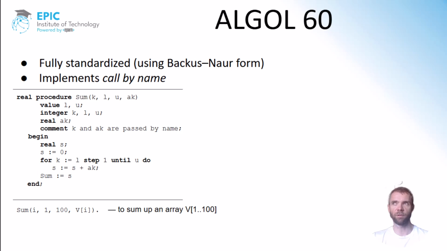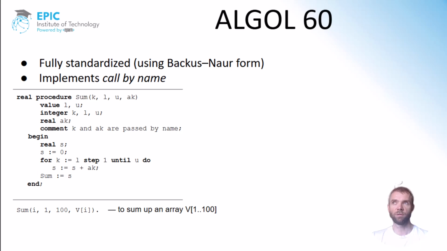If you look at this program from the standpoint of a modern programming language like C or Python, this is kind of a strange way of accomplishing things, right? But it can be pretty handy because instead of passing an array, you can pass an expression here. So you can, instead of vi, pass something like I squared. And then this same procedure sum would be used to compute the sum of squares of first, say, couple of integers.